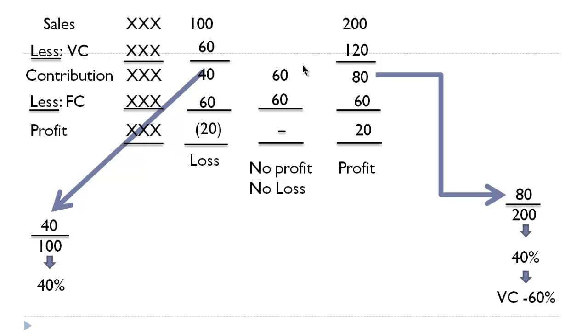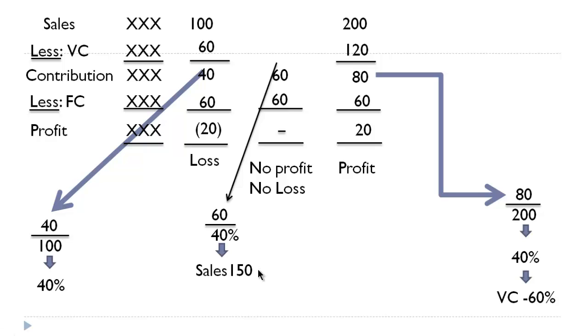So in our case, the contribution is 60, right? So 60 is actually 40%. With this, we'll be able to calculate the sales. If 60 represents 40%, what is 100%? The 100% would basically convey the sales. So if 60 is 40%, 100% is sales, which is 150.